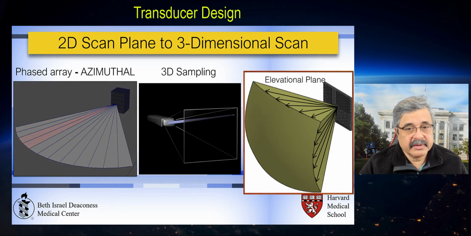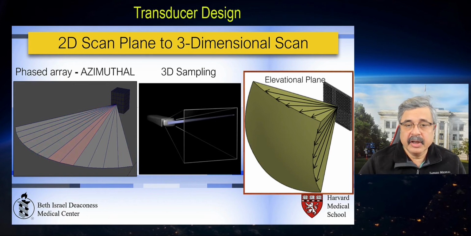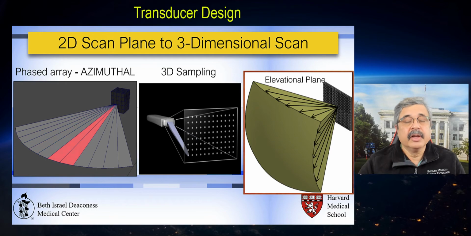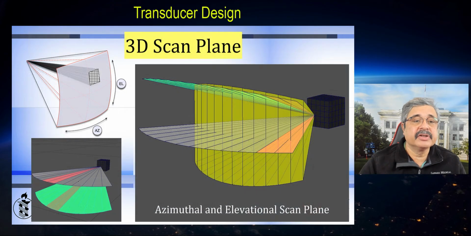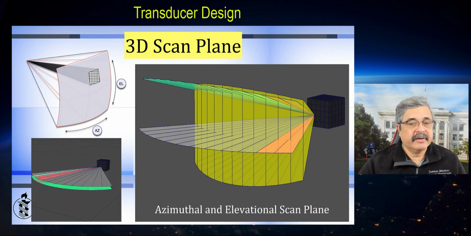So as a result of that, the phased array transducer that just puts out an ultrasound beam in the azimuthal dimension was able to sample in 3 dimensions, which means not only in azimuthal but also in the elevational plane. Now when that happens in real time, this plane not only is steered laterally but also in the elevational aspect.